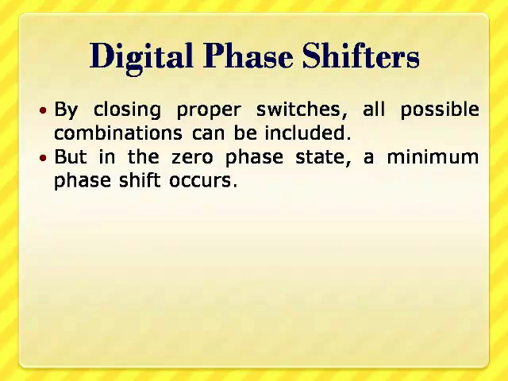So in this digital phase shifter, by closing proper switches, all possible combinations can be included. But in the zero phase state, a minimum phase shift definitely occurs. This must be kept in mind for all the calculations.